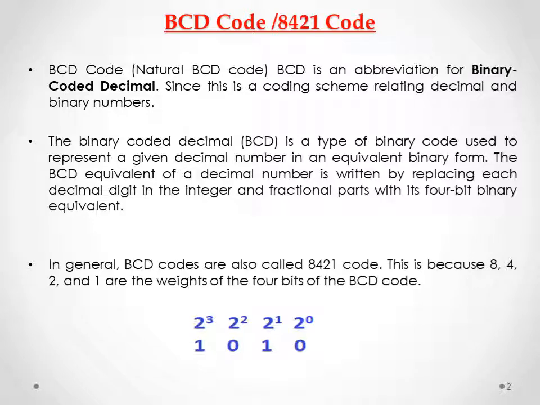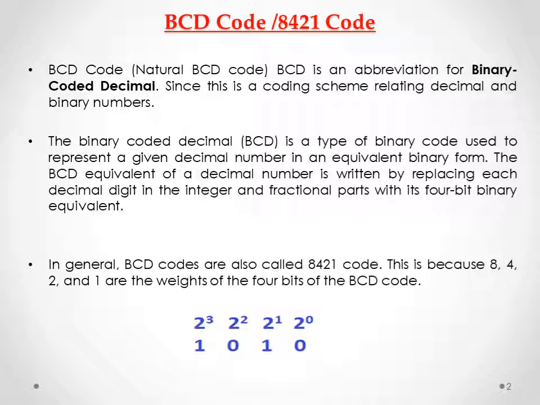First let's see about BCD code, or otherwise we can call it 8421 code. BCD is an abbreviation of binary coded decimal. That is a coding scheme relating decimal and binary numbers. This BCD is a type of binary code used to represent a given decimal number in an equivalent binary form.